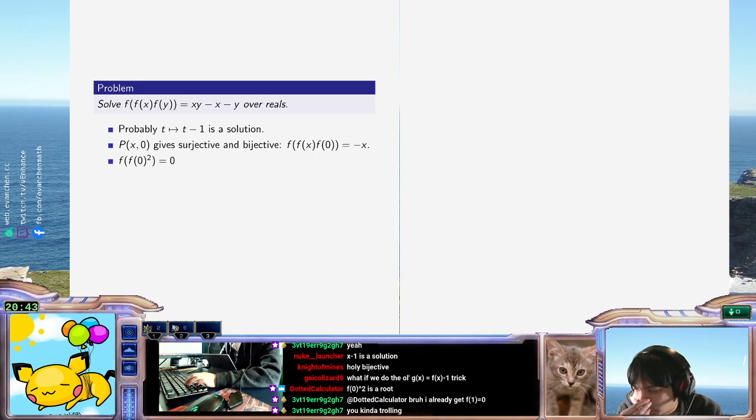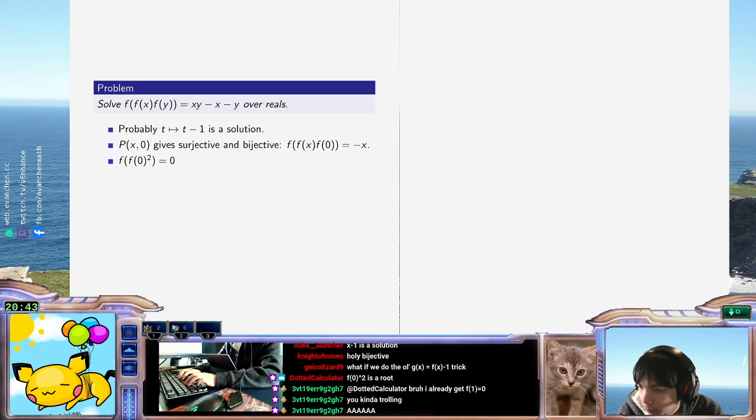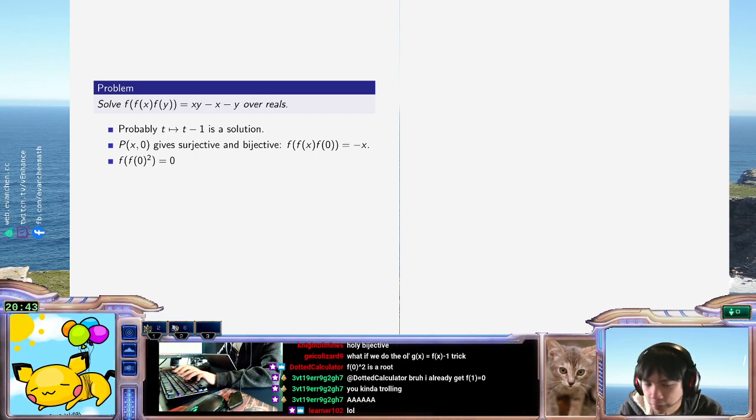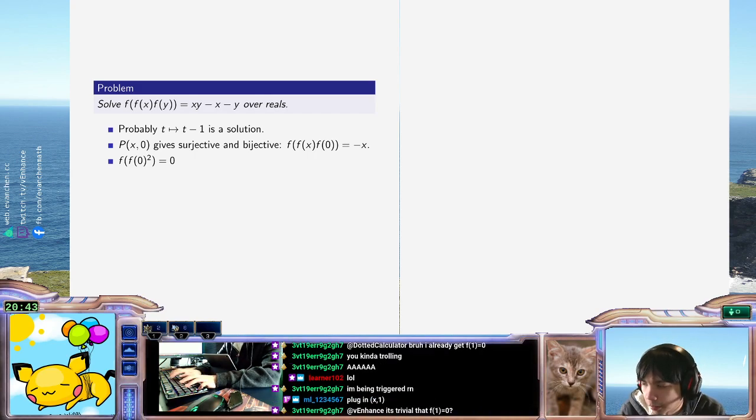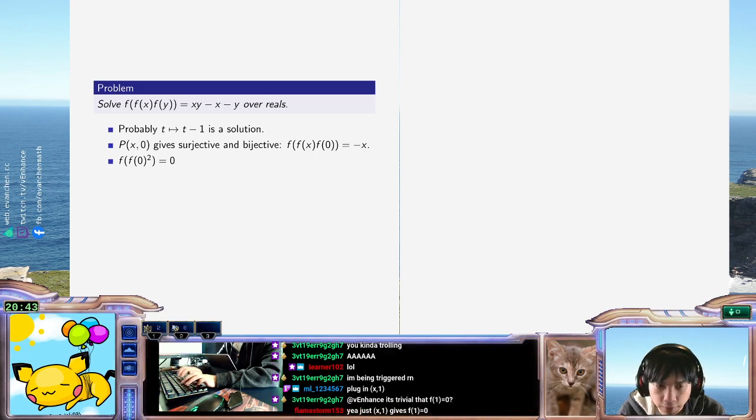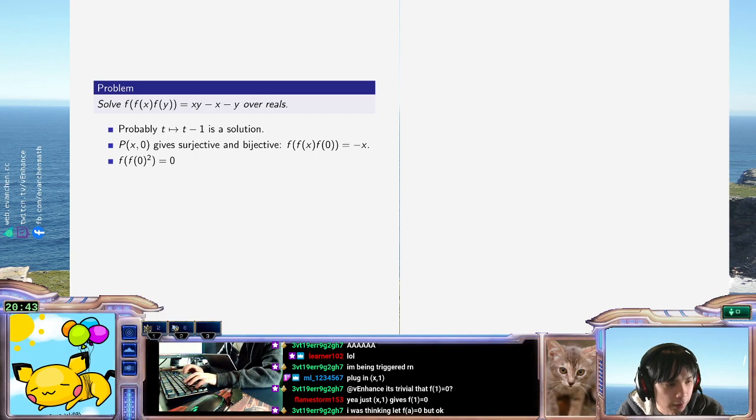Either one of the numbers is 1 as well. And also, P of (x, 1) gives f of f(x) f(1) is equal to minus x. Oh, that's not 0. What? Sorry, I'm silly. Ignore that. This is something different though.